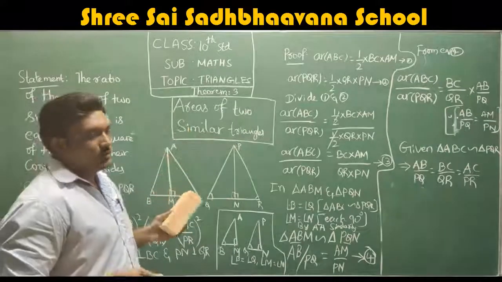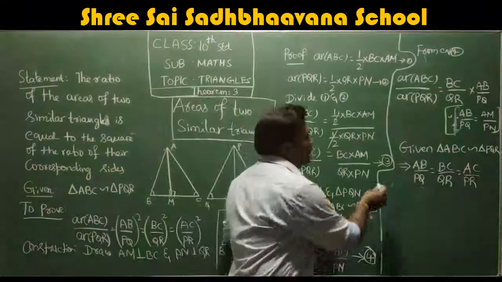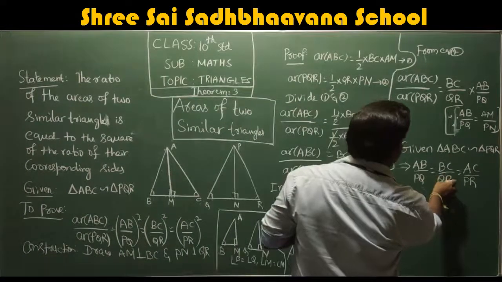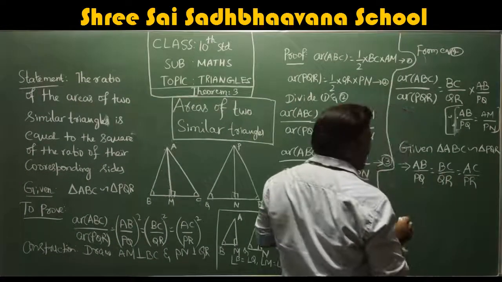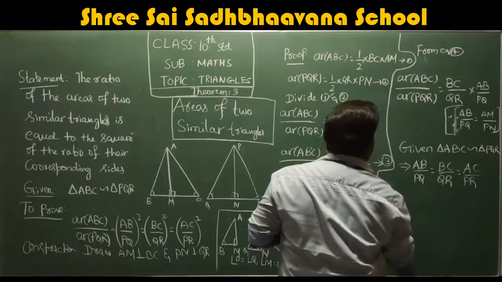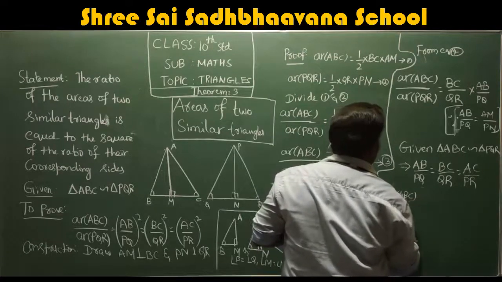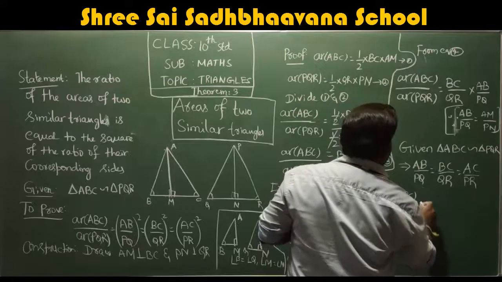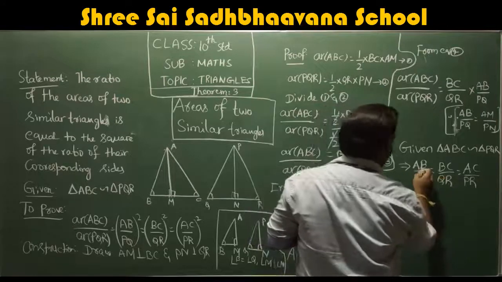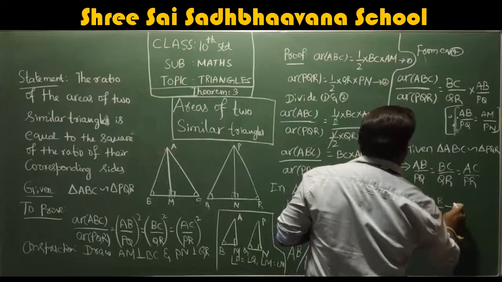So that's what we wrote. And also here you look at AB by PQ and BC by QR are equal. So can I replace, in this ratio, area of triangle ABC divided by area of triangle PQR is equal to, in the place of BC by QR, can I write AB by PQ? Because both are same, we already proved both are same.